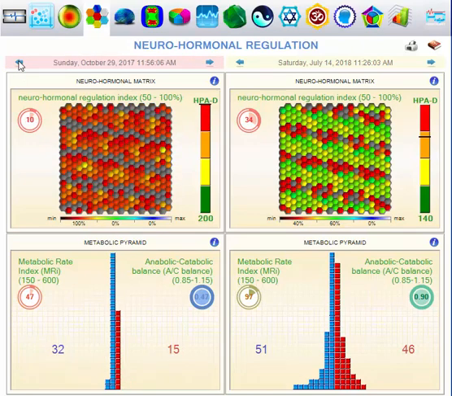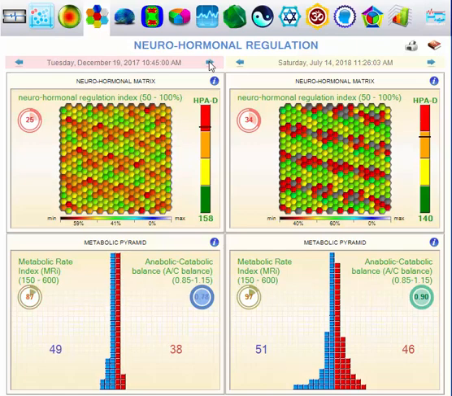Then we look over here at the neurohormonal matrix. When we started, the neurohormonal HPA axis distortion was 200, and the neurohormonal matrix was only 10. The energy parameters were very, very low, 47. Then during the treatment, the energy parameters started rising and the HPA axis distortion started dropping.